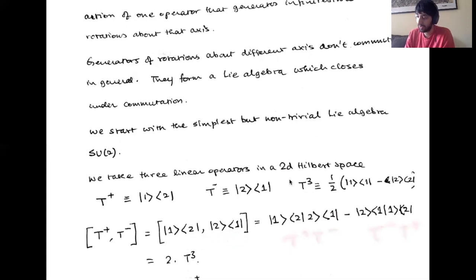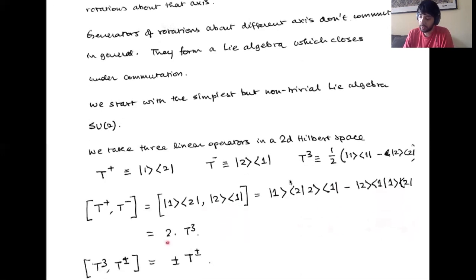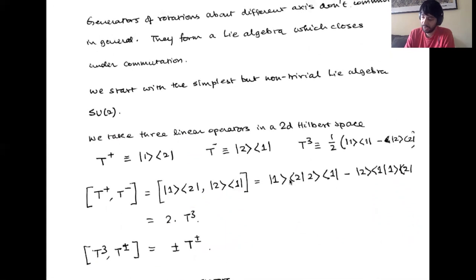As you can see very clearly, this is going to give you 1, and this goes away. This is going to give you 1, and this goes away. So at the end of the day, what you're going to end up with is 2T3. You can also do the rest of the analysis, and you can find out what T3 with T plus minus is. You'll find that this is plus or minus T plus minus.